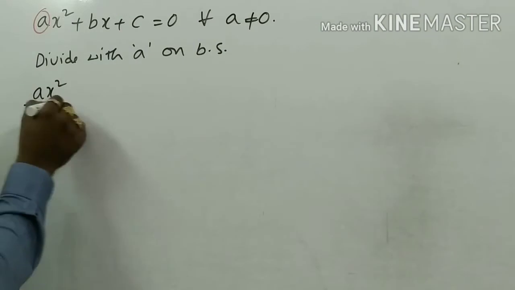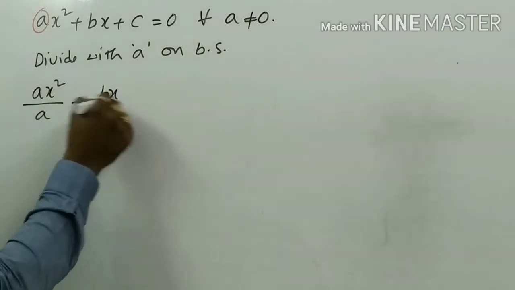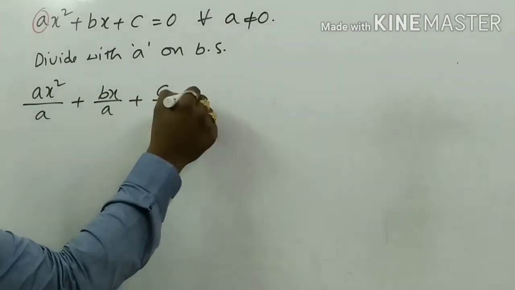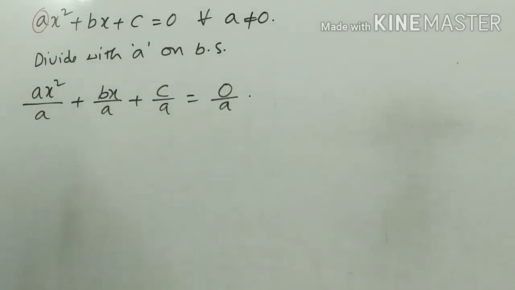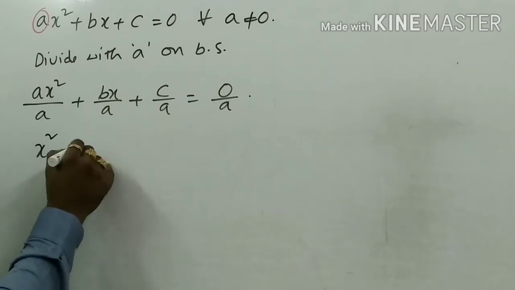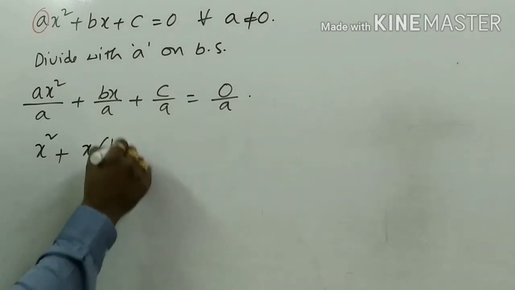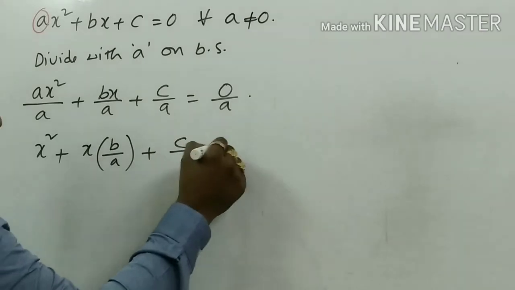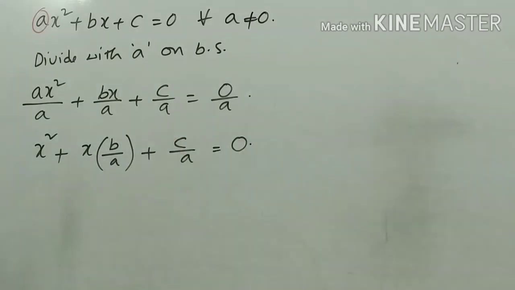So ax²/a + bx/a + c/a = 0/a. The a gets cancelled: x² + (b/a)x + c/a = 0. Now I am converting this equation into the (a + b)² formula.